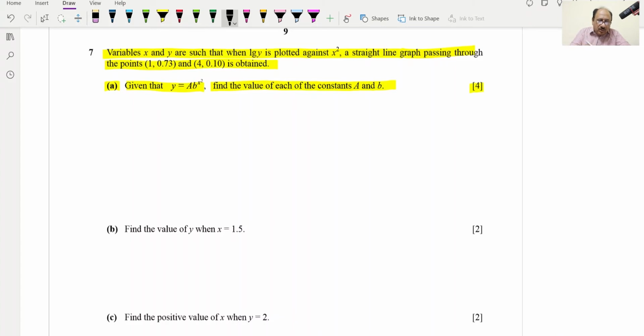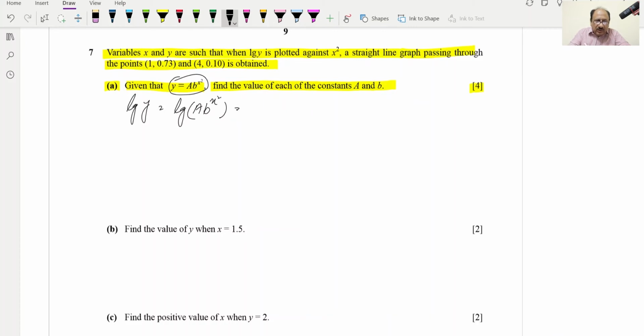So log of y is equal to, we are taking log of this equation, so this will be equal to log of a b raised to the power x squared.